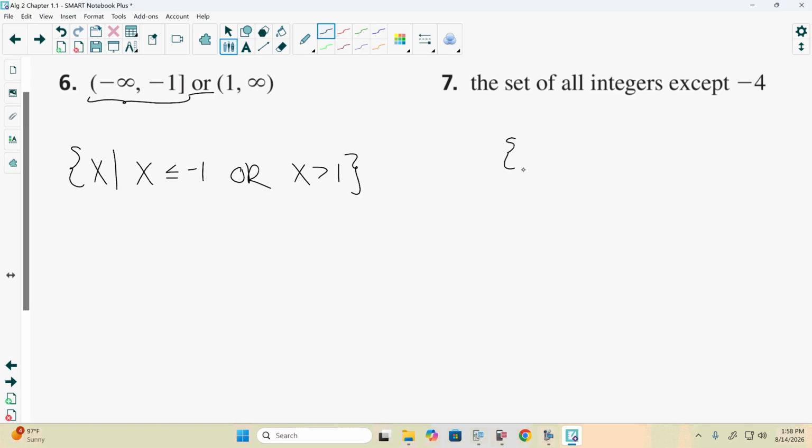The set of all integers except -4. So we'd go, brace x, the element symbol, X is an element of the integers such that what? X is not equal to -4.